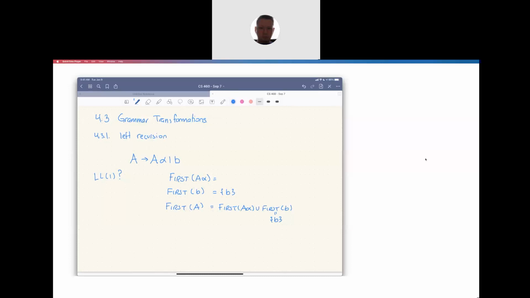What if you have A goes to A alpha or epsilon, and then whatever is in the first of alpha is not in the follow set of A. That is LL1. I think it is. And if you remind me, we'll look at that when we get to it. But in this situation, let's see what Dennis says. Isn't the first of A alpha equal to B because it never stops going back to A?